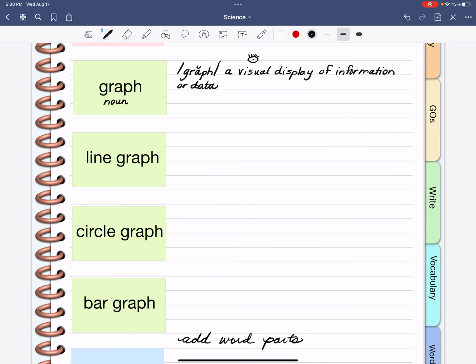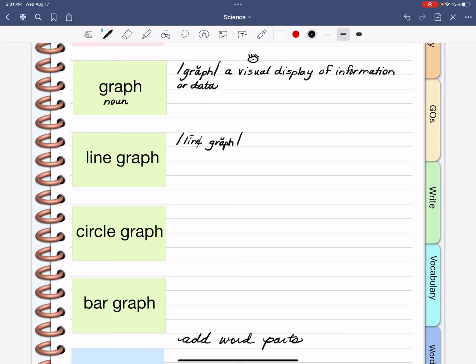Okay, the second term is line graph. So you have the word line. That is a long I. It says its name. And there's the silent E. That's what makes the I long. So line and then graph. There's the I, line graph.